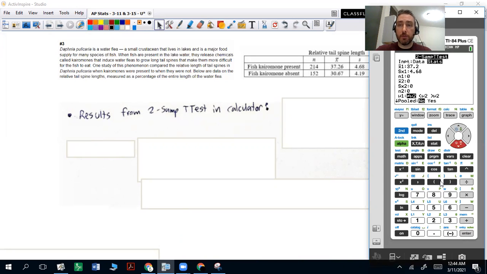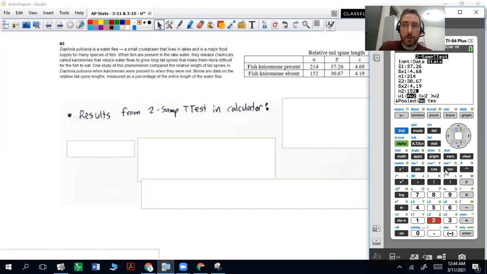N1, 214. X bar 2, 30.67. And I got to go back and put that 6 after the 2. SX2, 4.19. N2, 152.